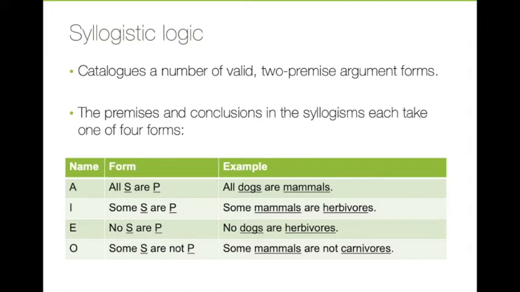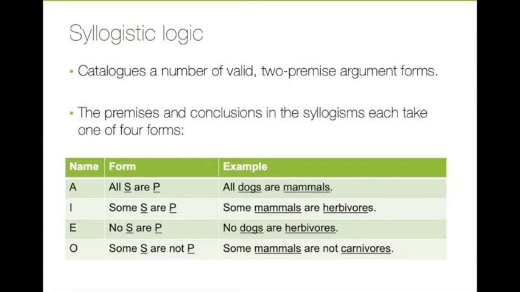The logical term in there is all, and then "are" works as a connector. So all is our logical term. And our content is what we replace in for those variables. Dogs, mammals. That's the particular content of that concrete statement that's an instance of that form.